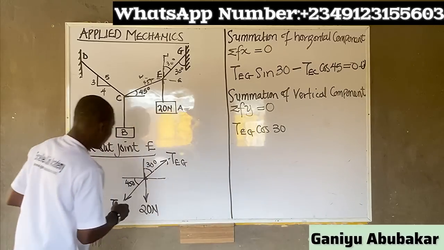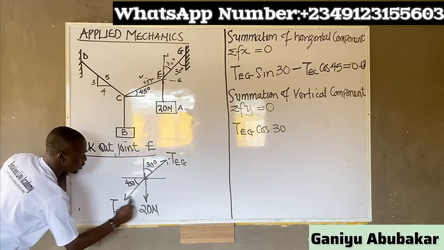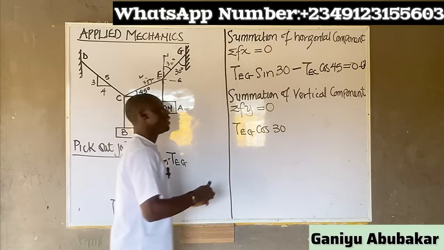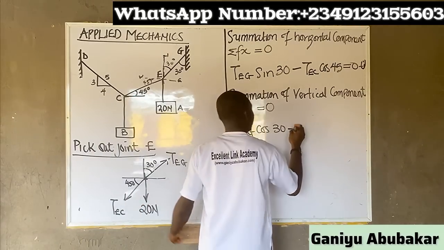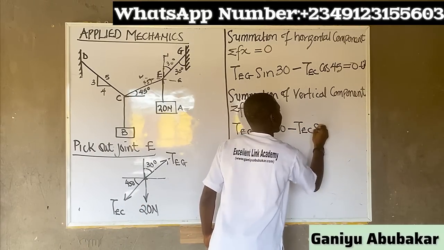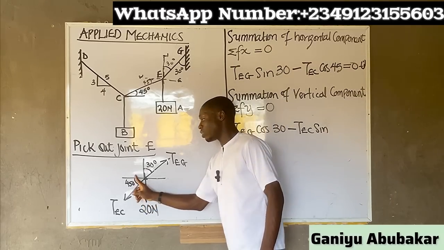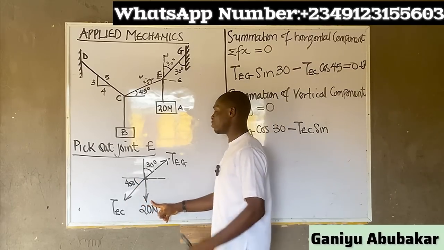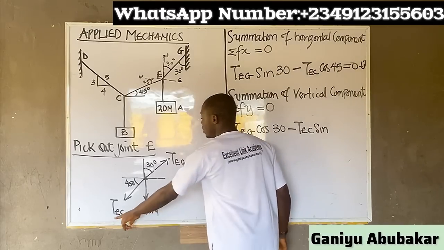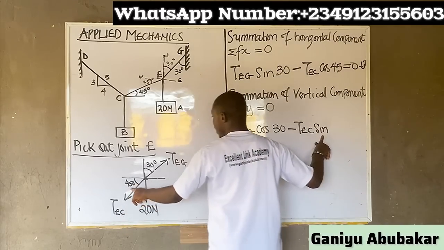All right. If I resolve this TEC to the vertical, that gives you a negative TEC sine because the angle is not to the vertical, it's to the horizontal. So if I resolve this to the vertical, that gives you sine. That gives you TEC sine, the angle is 45.